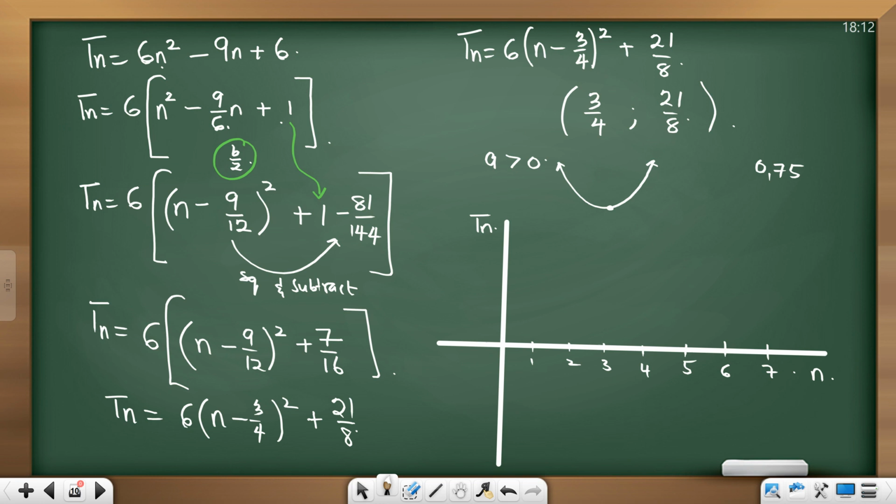We are now saying that the minimum here is at 3 over 4. The graph is at a minimum here, and then it starts increasing.